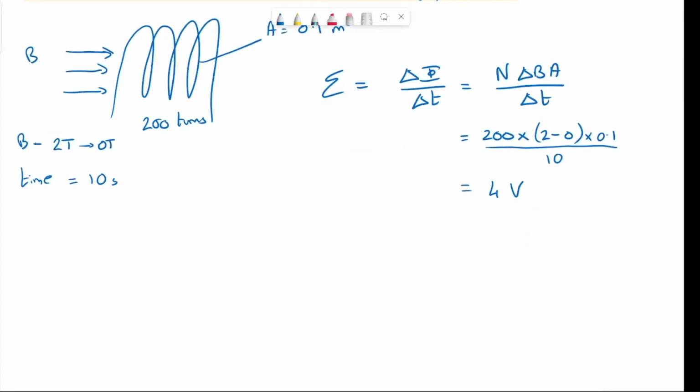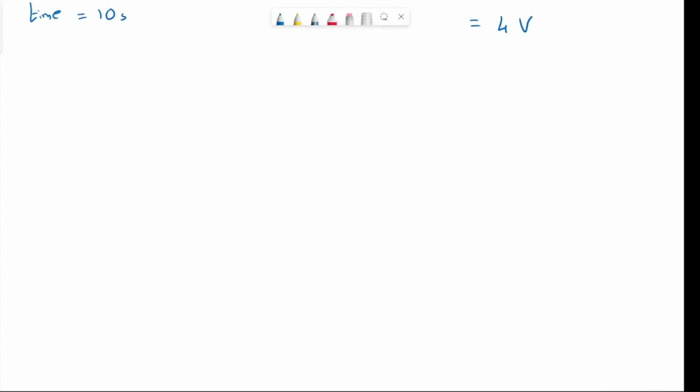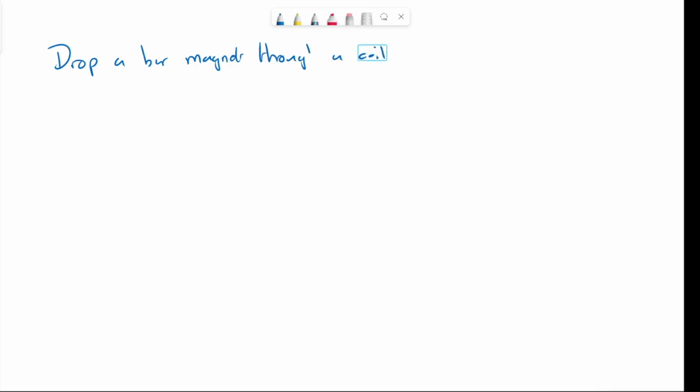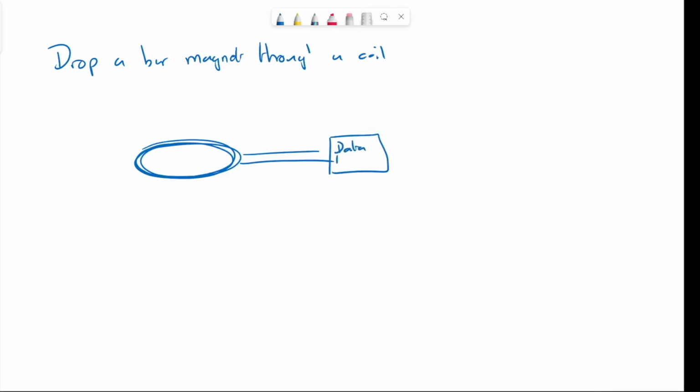Let's consider an example where the experiment is to drop a bar magnet through a coil. Imagine this is our coil linked to a data logger, which is going to measure the EMF produced in the coil, and a bar magnet.